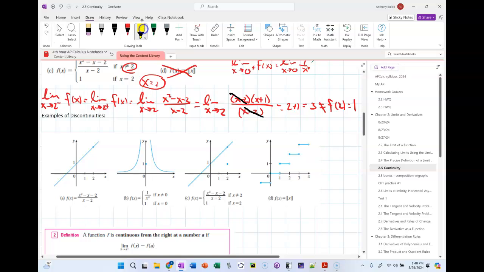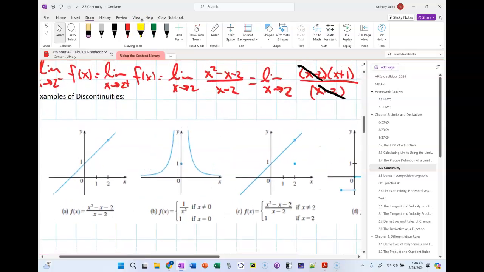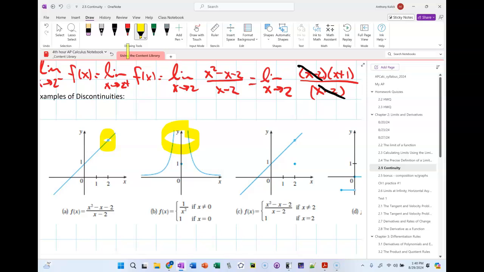So again, as I mentioned before, we have different types of discontinuities. This one is a removable one, where there's just one hole in the graph, one missing point. This other one is an infinite discontinuity or a vertical asymptote. You could use those words interchangeably.